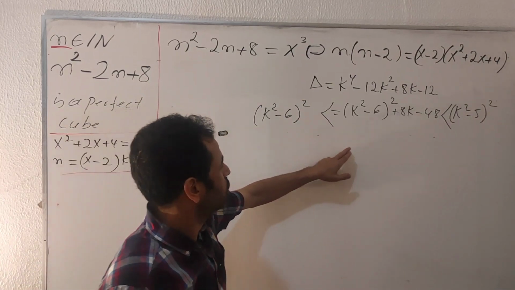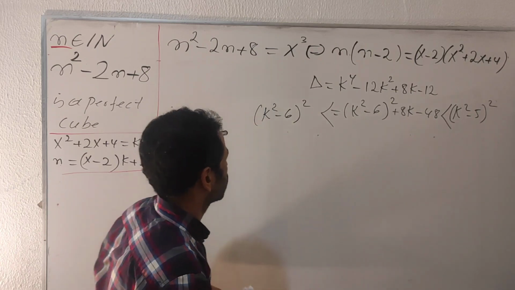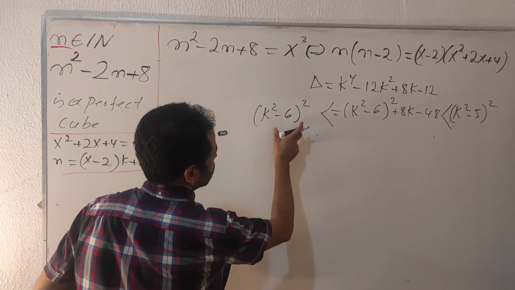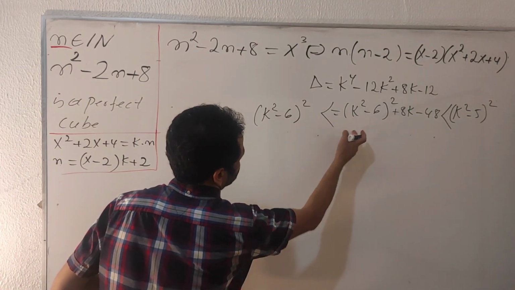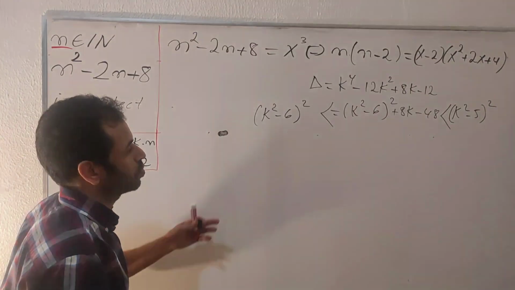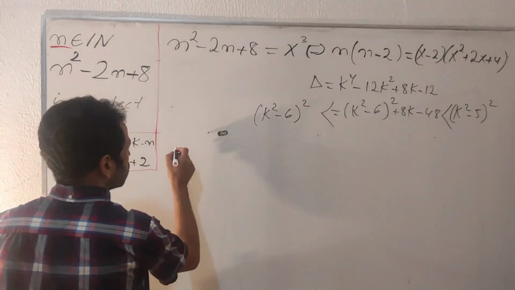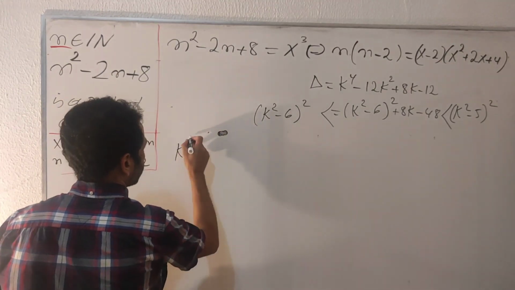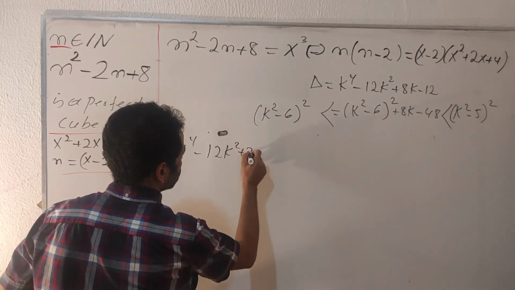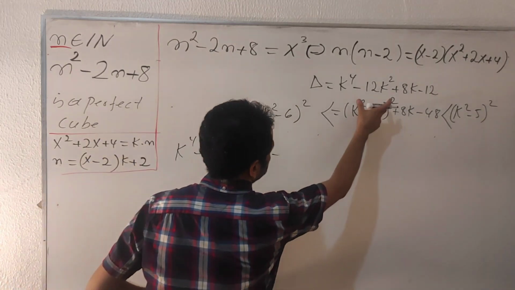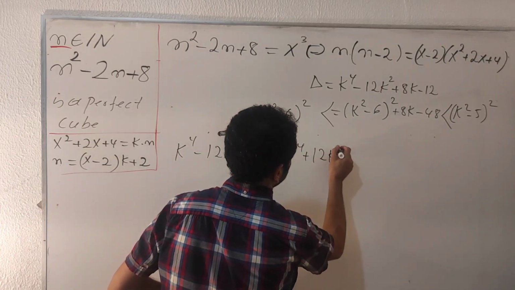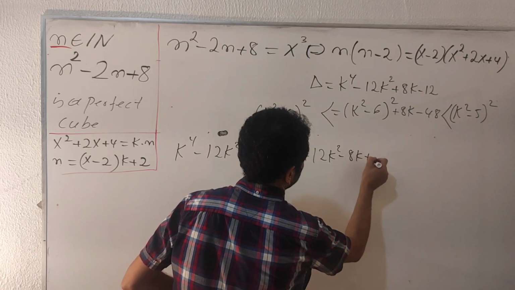So it's more confusing here since we get the 8k here. So let's distribute this one first. If I'm going to prove the difference of this one and this one is strictly inferior than 0, which means the inequality holds. Okay, so I get here k to the 4th minus 12k squared plus 36 minus this one, minus k to the 4th plus 12k squared minus 8k plus 12.